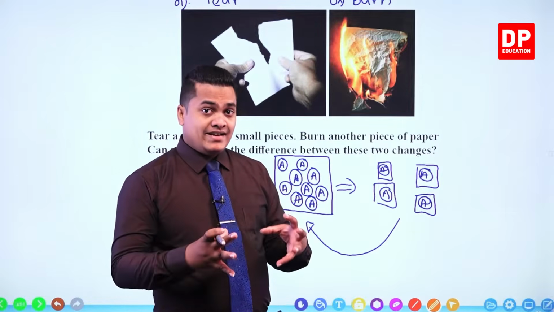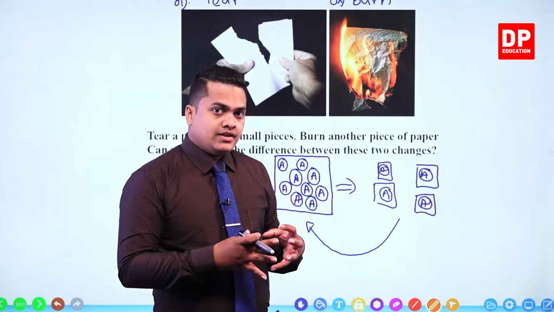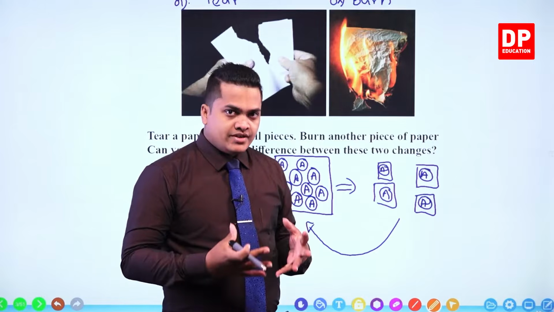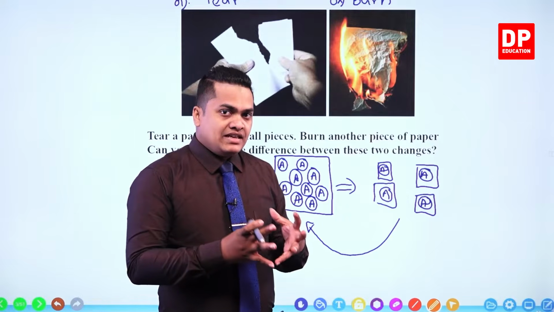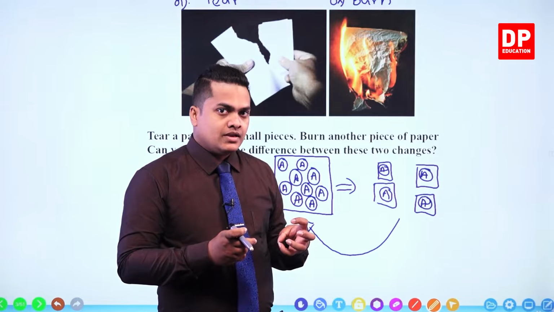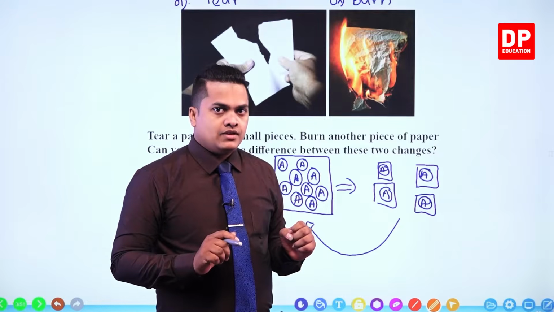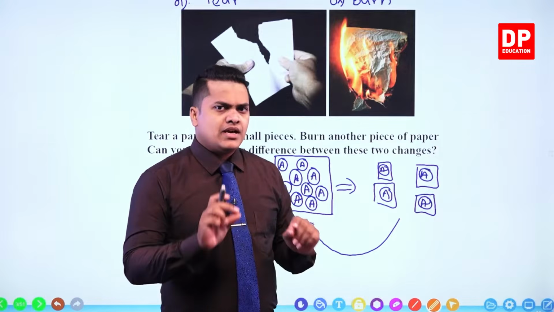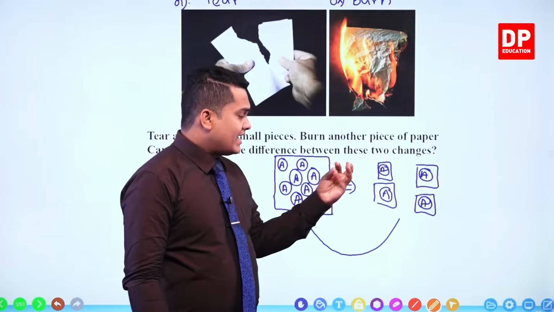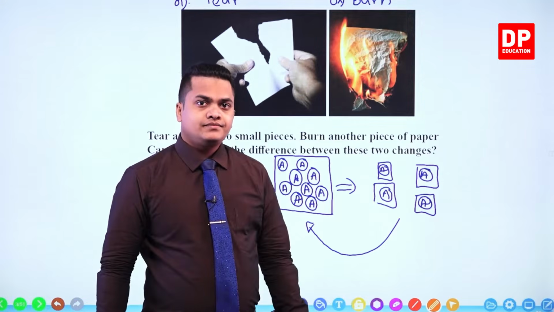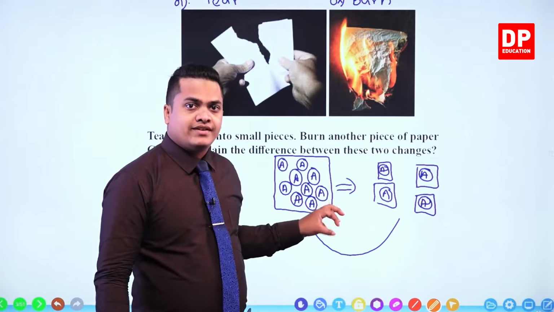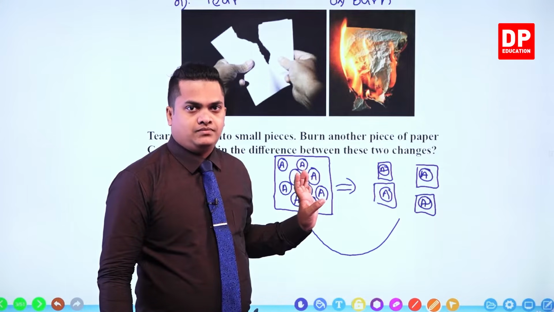So a specialty in the tearing process is that even though I tear it down, by spending some amount of time, up to a certain level, not 100%, I can recreate the original material like this. By pasting, I can recreate the previous paper, right?